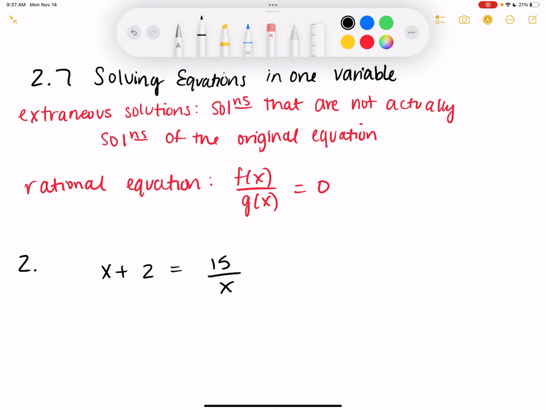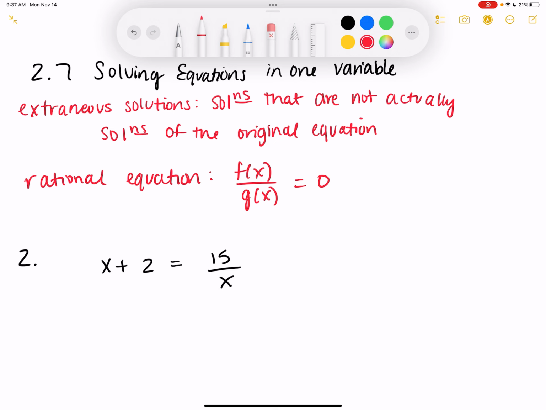All right. So x plus 2 equals 15 over x. So we've got to solve this. I need to get rid of the x in the denominator, so I'm multiplying the entire thing by x, because what you do to one side, you have to do to the other.